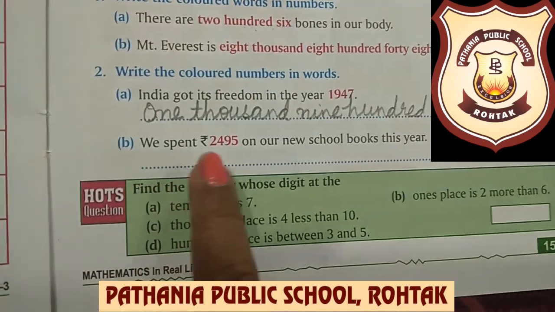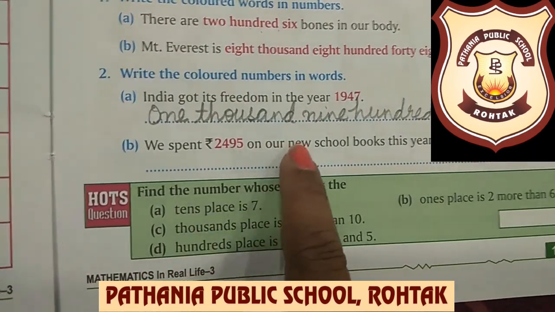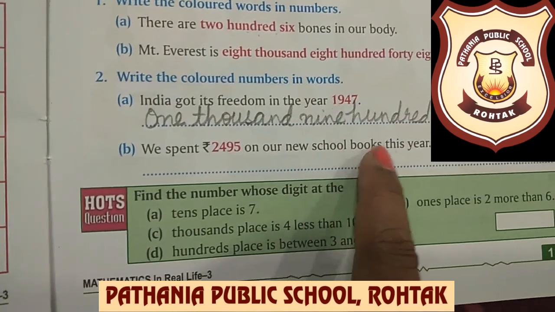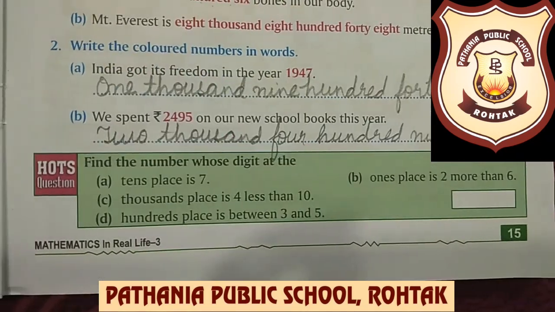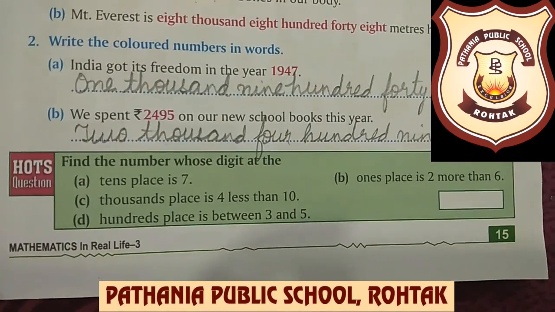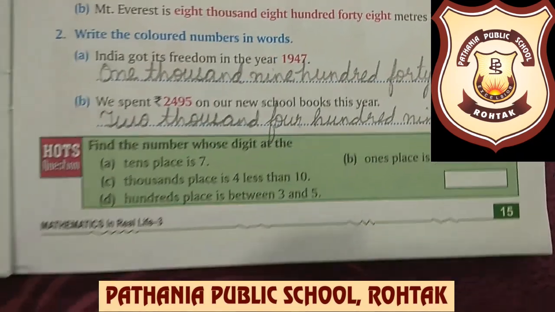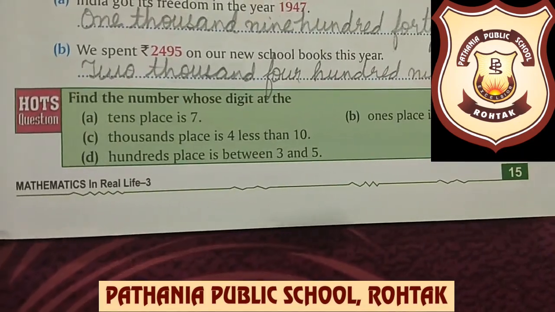Next is we spent rupees 2495 on our new school books this year. So we need to write this in words. See beta, I have written 2495.